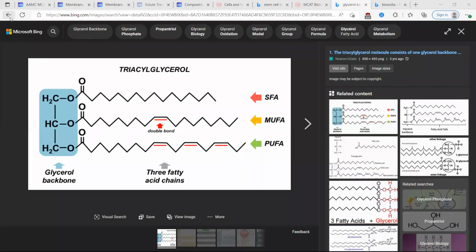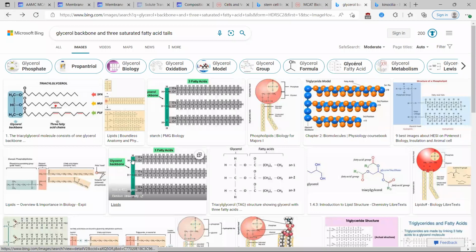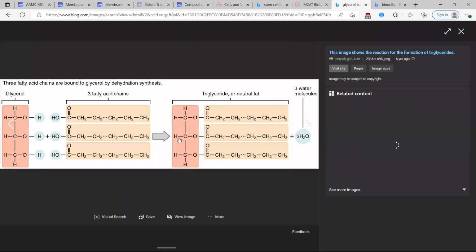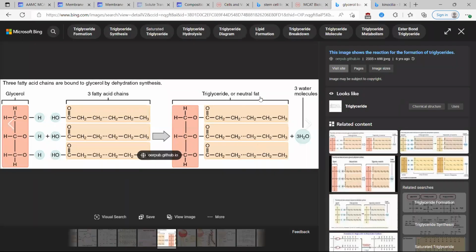So actually, I don't like this picture. I want a uniform one. This one's okay. So we have a glycerol, right? On this molecule here, on the glycerol, we have some O's, some OH groups, right?